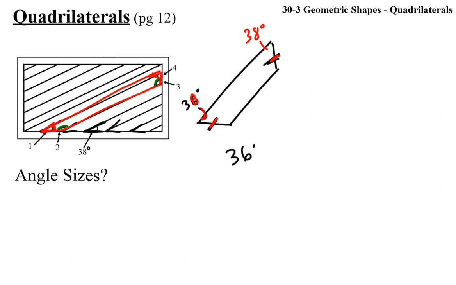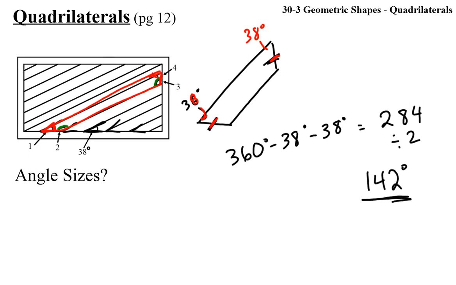Well, 360 degrees minus the 38 degrees twice. What does that leave us with? That leaves us with 284. Split that between the two angles, 142 degrees each. So there's the measure of all those angles.